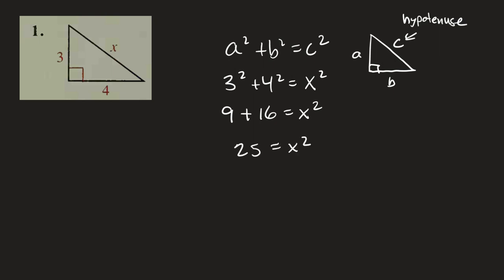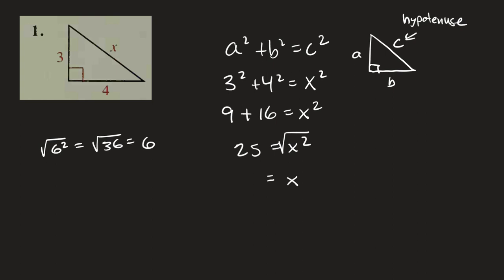To find the value of X, we take the square root of X squared. Now, by the way, if you took the square root of 6 squared, 6 times 6 is 36, and the square root of 36 is 6.